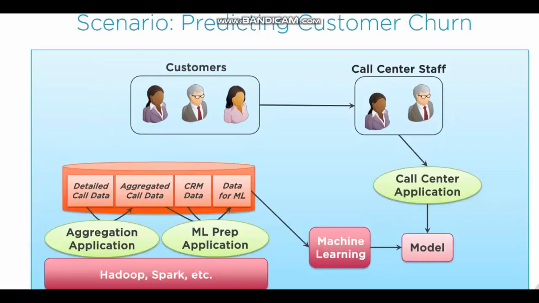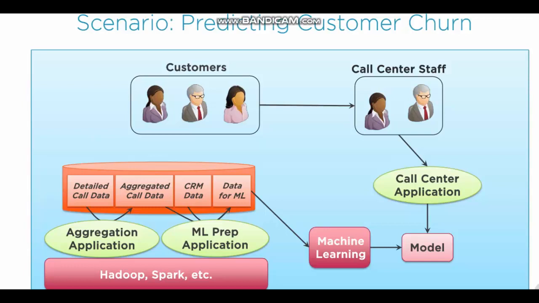Let's see another example. This is a case where we are detecting whether a customer is likely to switch to a competitor or not. Here also we have a certain number of customers, and they are dealing with call center staff for their various problems, and this call center staff is using an application at the back end which is using the customer data.